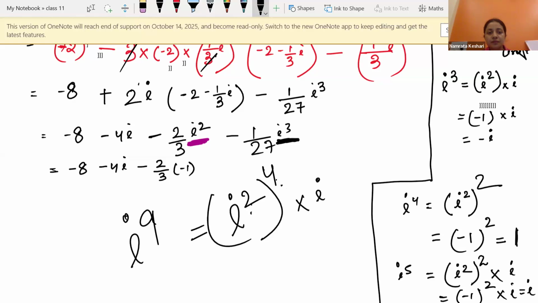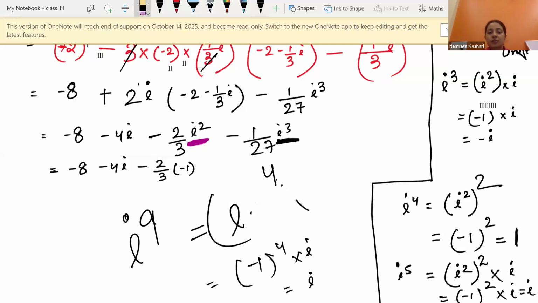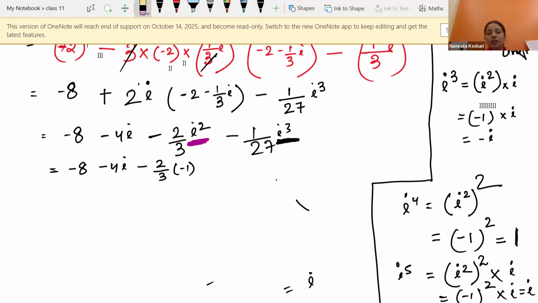Yes, ma'am. i square is minus 1 to the power 4 into i, and the result will be just i. This way we are trying to write any exponent of i, i to the power 9 or 10 or 20 or 30. This way we will be able to write it in terms of just i, or just a number as the answer.